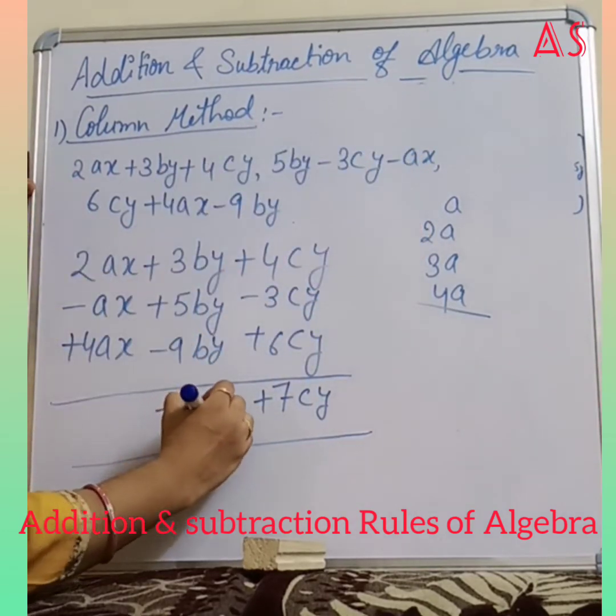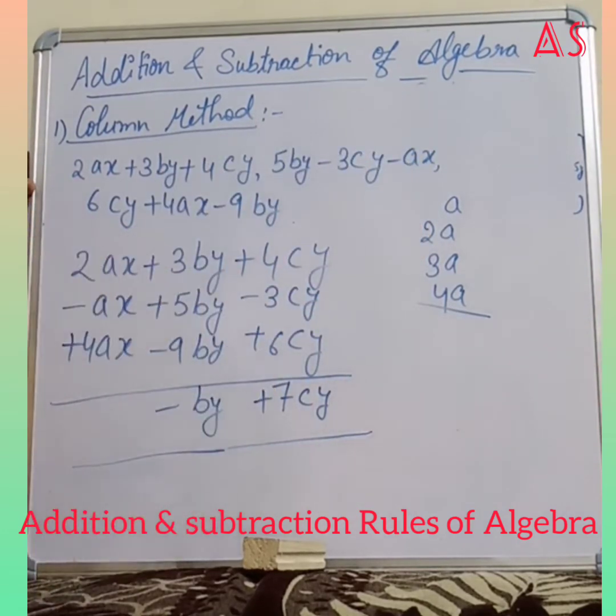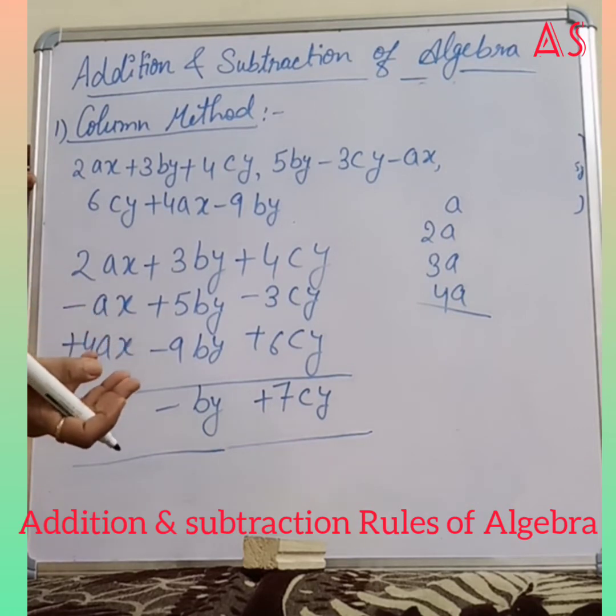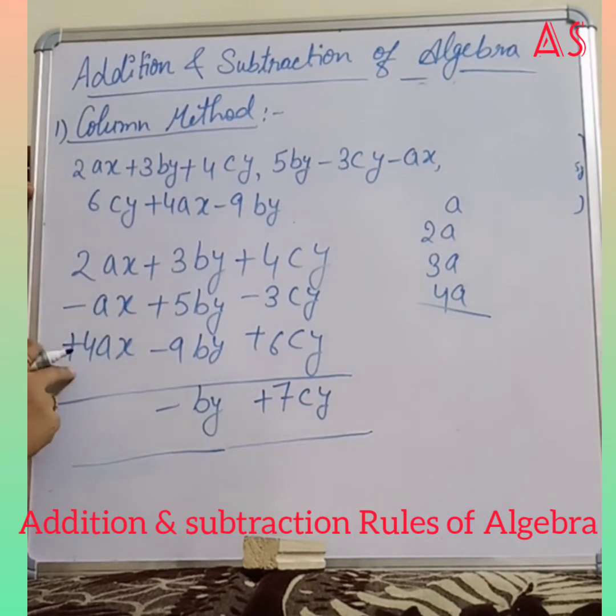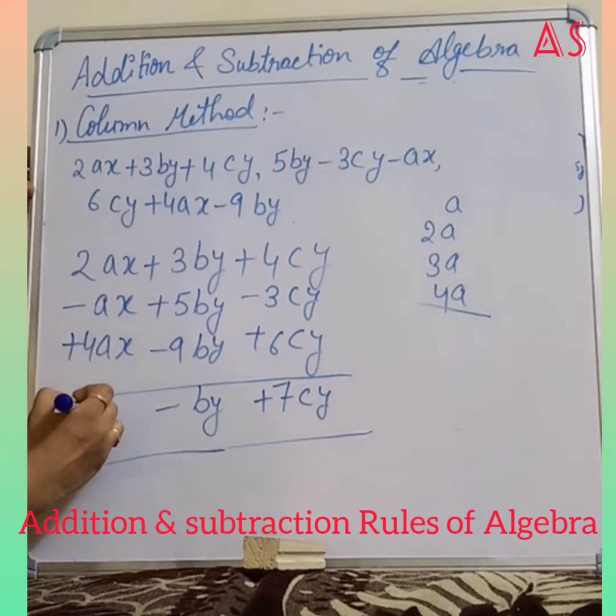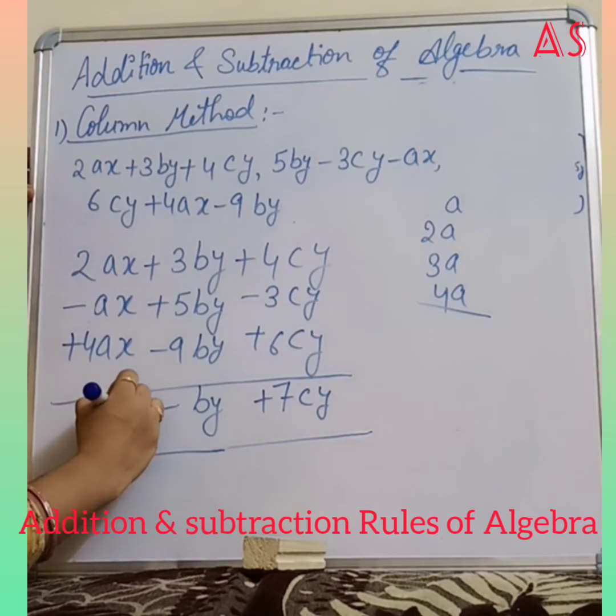So we write here by, because 1 is never written. So here 4 plus 2 is 6, and 6 minus 1, because of minus ax. Here again no digit is written, meaning here it is 1. We will never write 1, but we will keep it in our mind. Okay, 4 plus 2 is 6, 6 minus 1 is 5, ax.